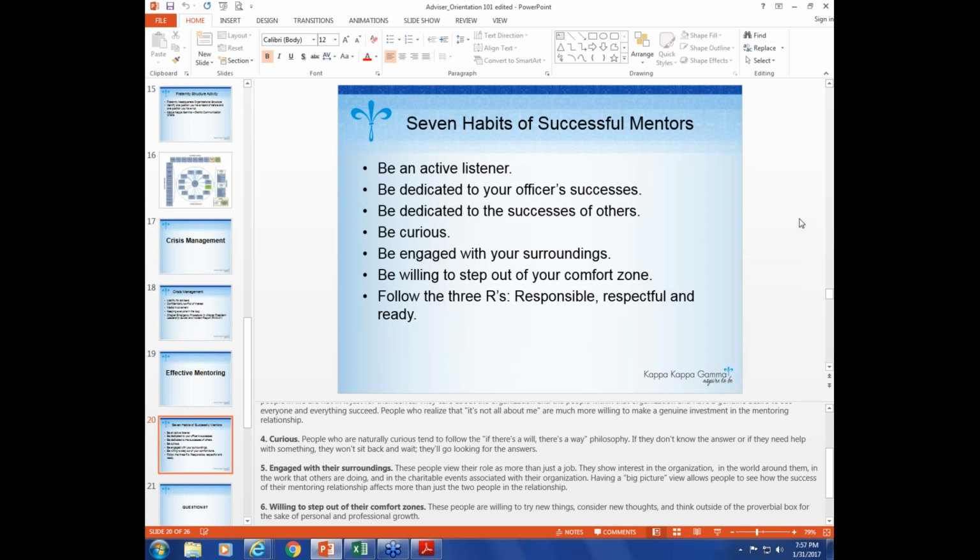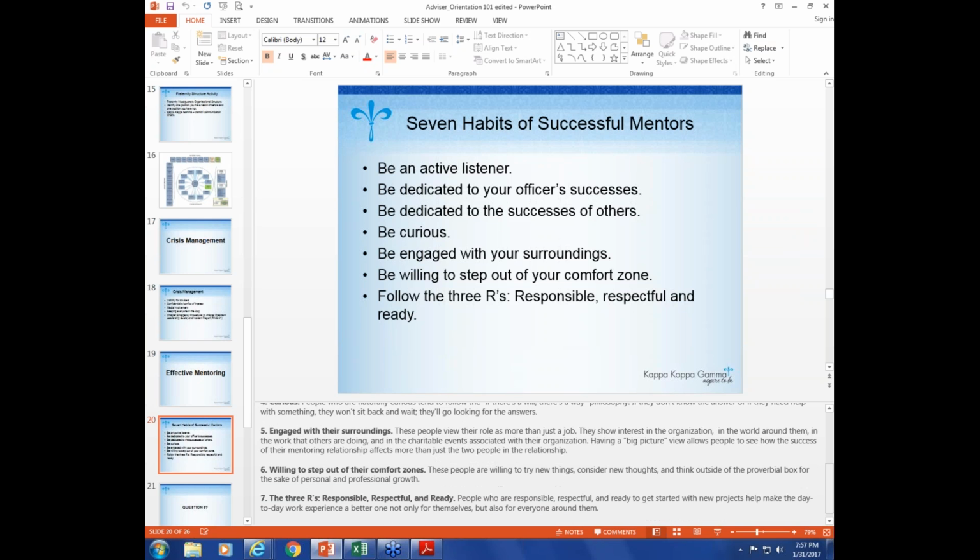They may plan something that you're going, I don't know if this is going to work, I don't know if I would do this, but that's okay. Let's try new things and consider new thoughts, and we don't grow if we don't step out of our comfort zones. But always follow the 3 R's: being responsible, respectful, and ready for your advisee.